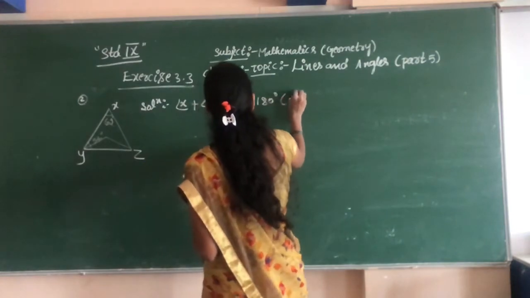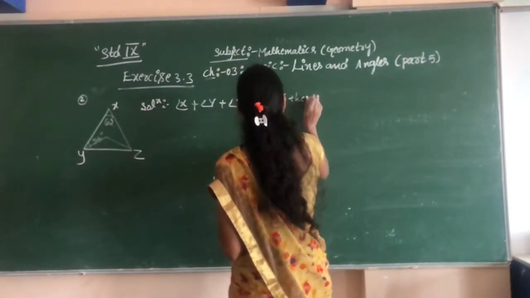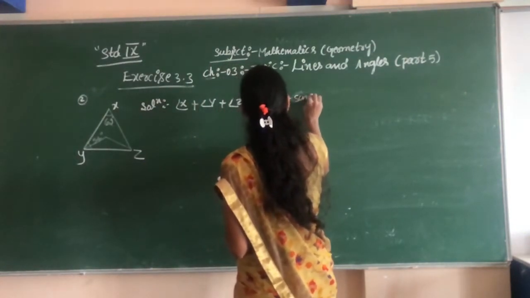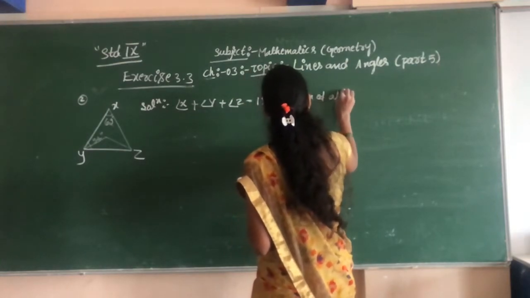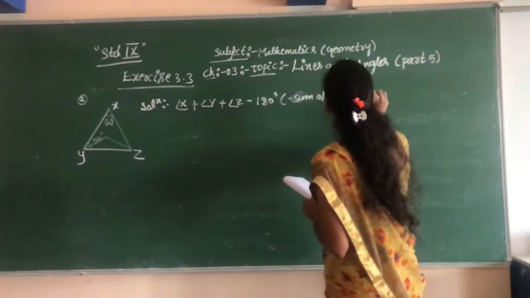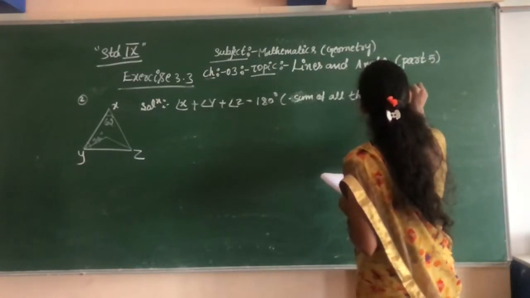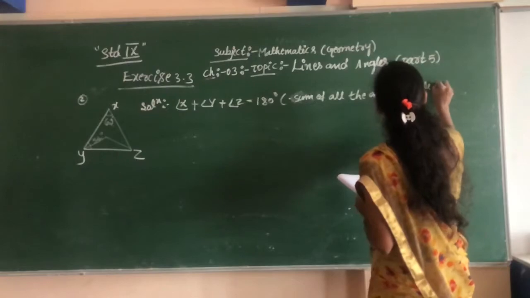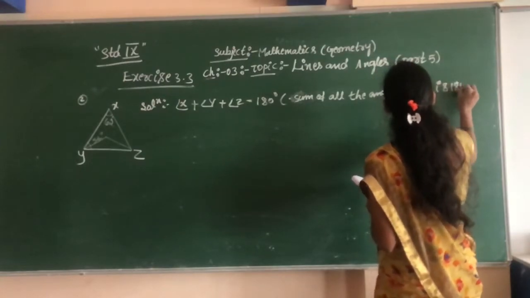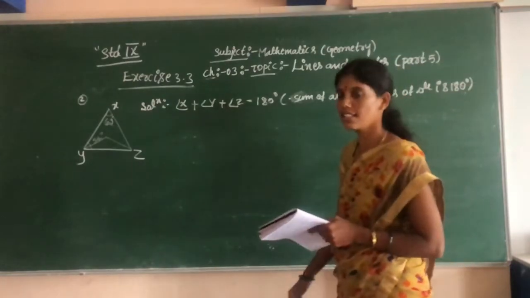Reason: the sum of all the angles of a triangle is 180 degree. That is the only discussion in this session.